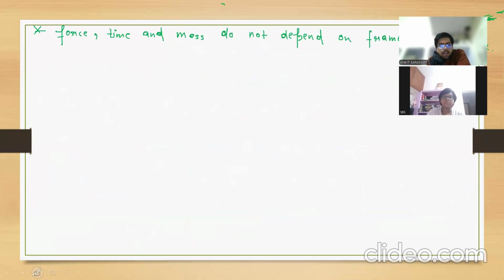Again, I will explain this. I think I have explained it before also, but I just want to explain. For example, this is a moving train, moving with a velocity of 100 kilometer per hour.